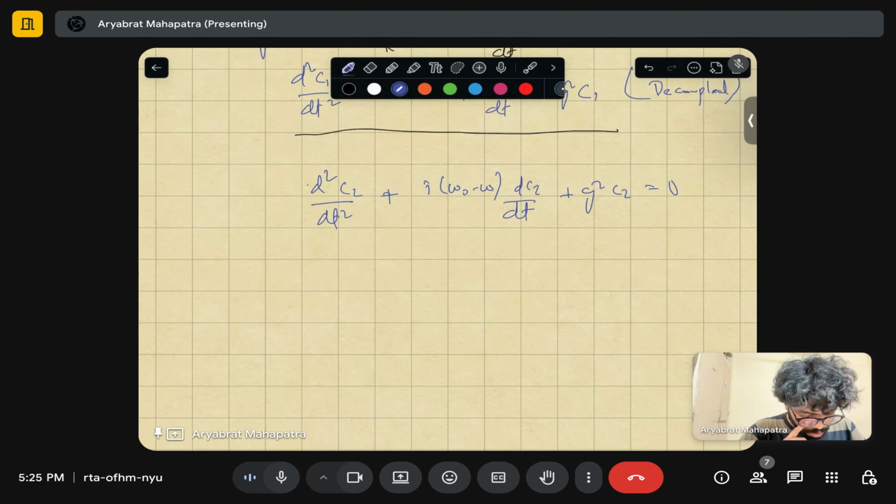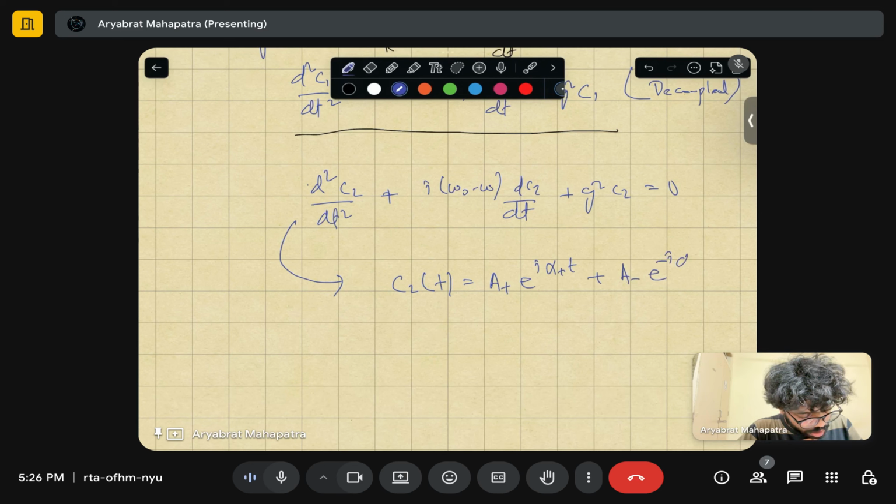For example, the solution to this would be something like c2 of t as some constant a plus exponential i alpha plus t plus a minus exponential minus i alpha minus t. So this is how normally you write.